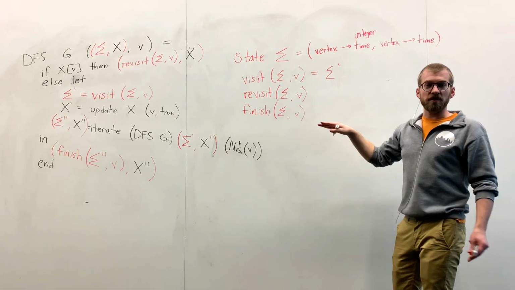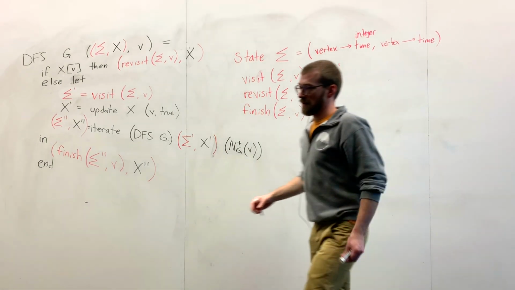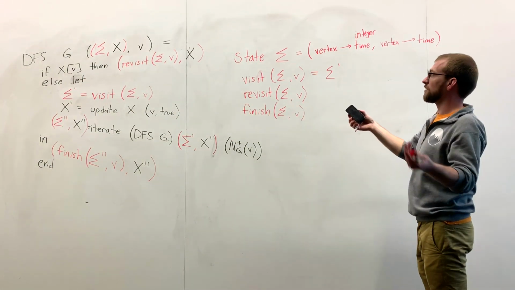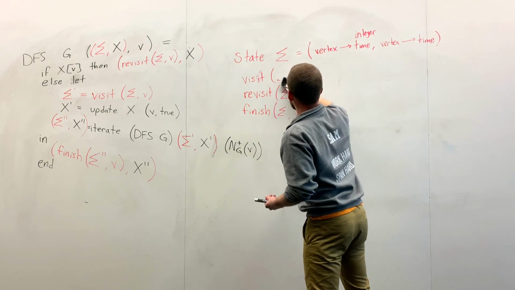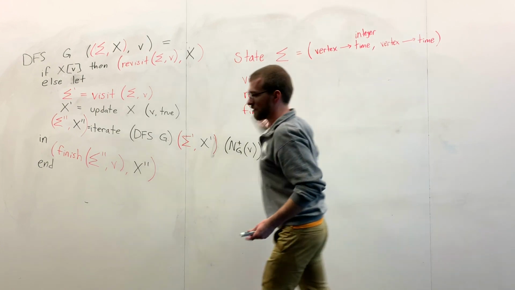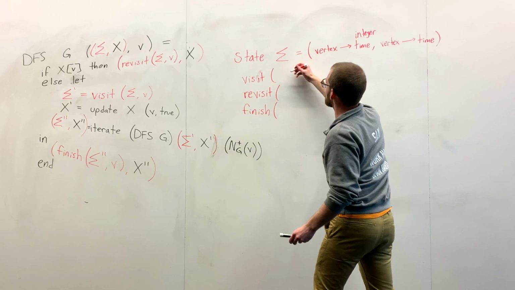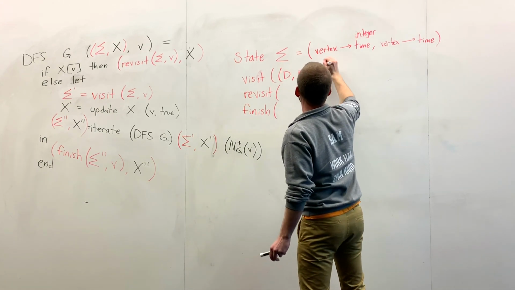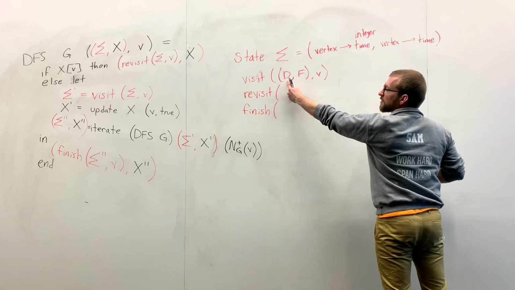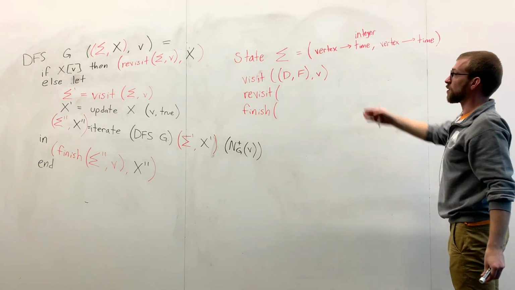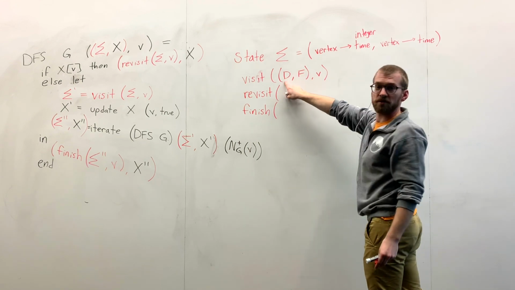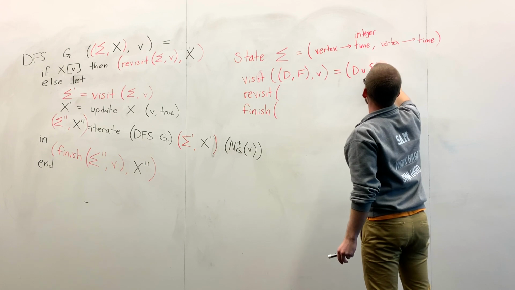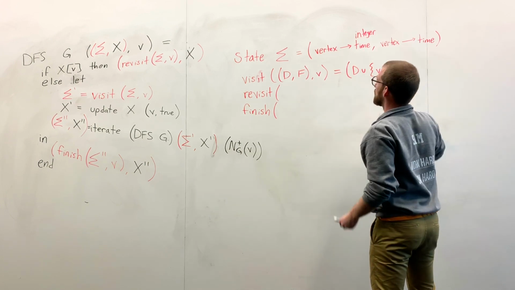And now we can ask, how do we implement these different functions? So now a state is going to be a tuple, and we can write it as, let's say, we'll use the variables d and f for the discover time mapping and the finish time mapping. And so when we visit a vertex, we just have to update when it was discovered. So this is going to be d union the mapping v points to.